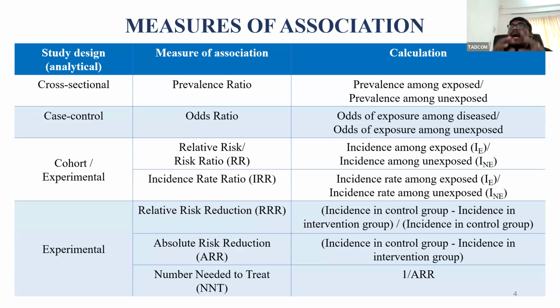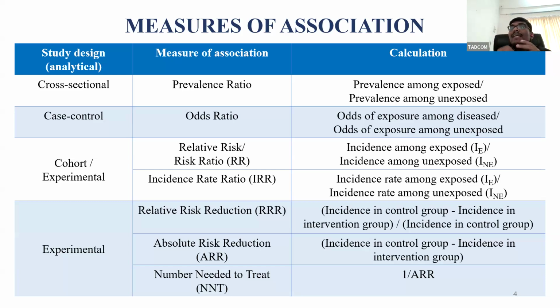In cohort and experimental studies only, we start with the exposure, right? And we follow them for a certain time period to look for whether they develop the disease. This development of disease after the follow-up is known as the incidence. We calculate that measure as incidence, the number of new cases that have occurred over this time period.